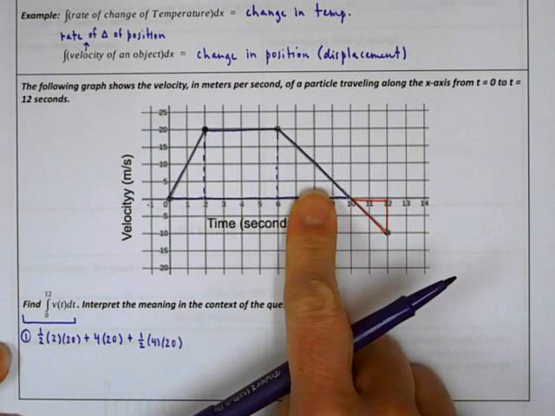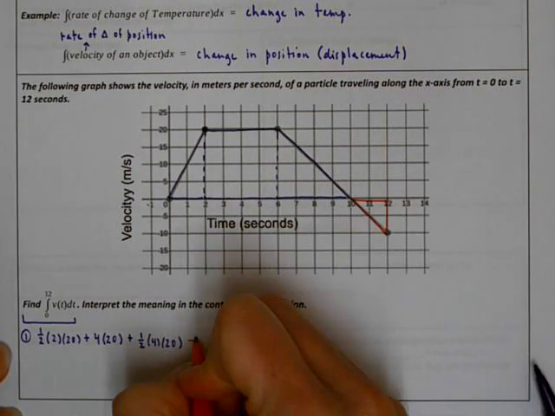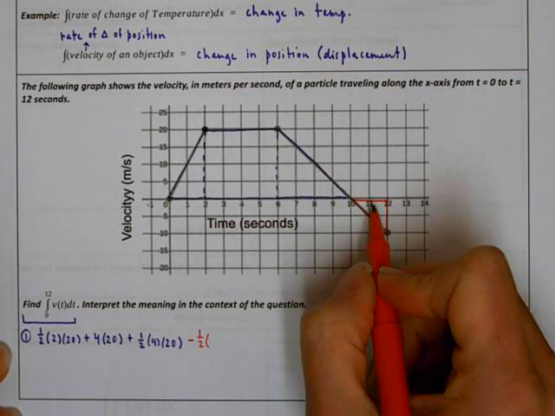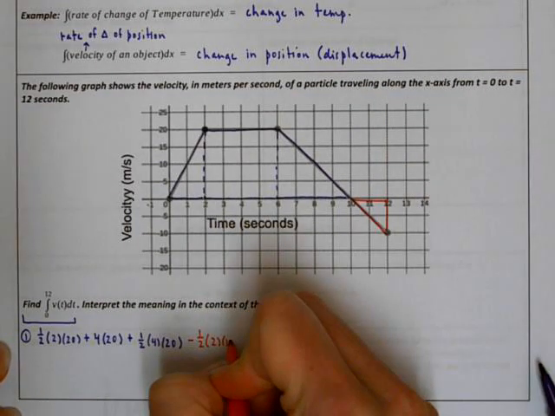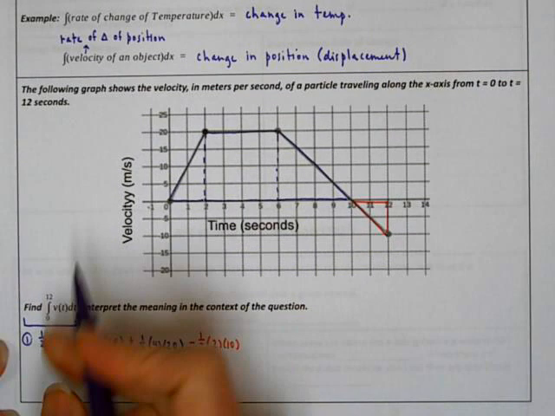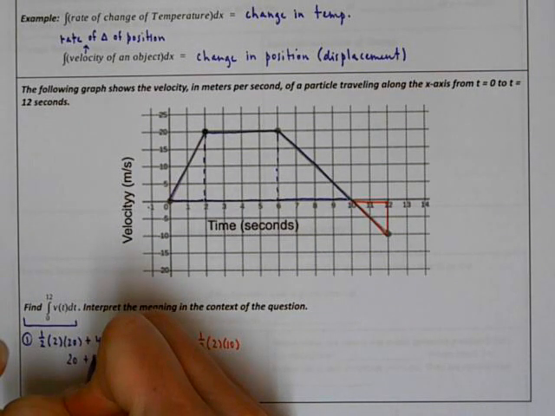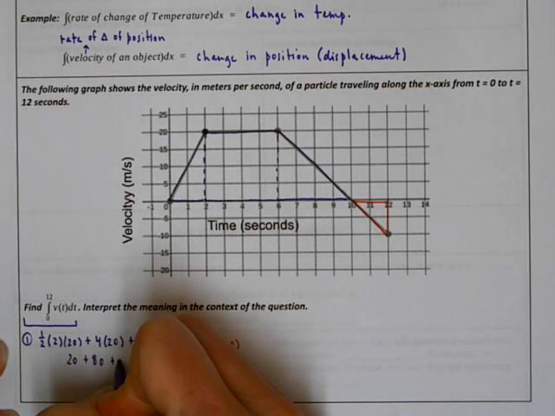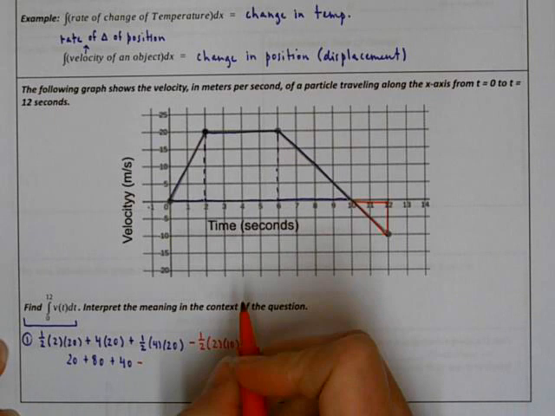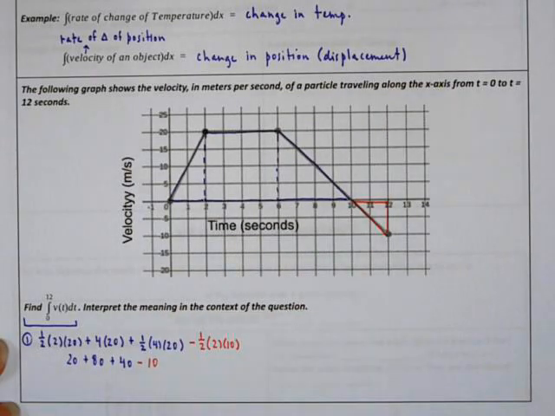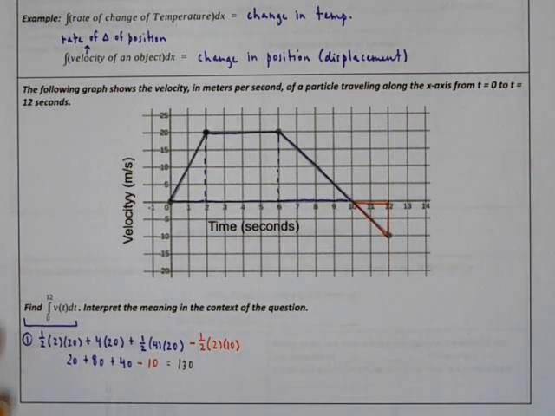There's all my positive areas, and then I'm going to subtract off my negative area, which is 1/2 times base 2 and the height of that is 10. So if I simplify, I get 20 plus 80 plus 40, and then I'm subtracting off 10. So combining those, I get 140 minus 10, that's going to be 130.